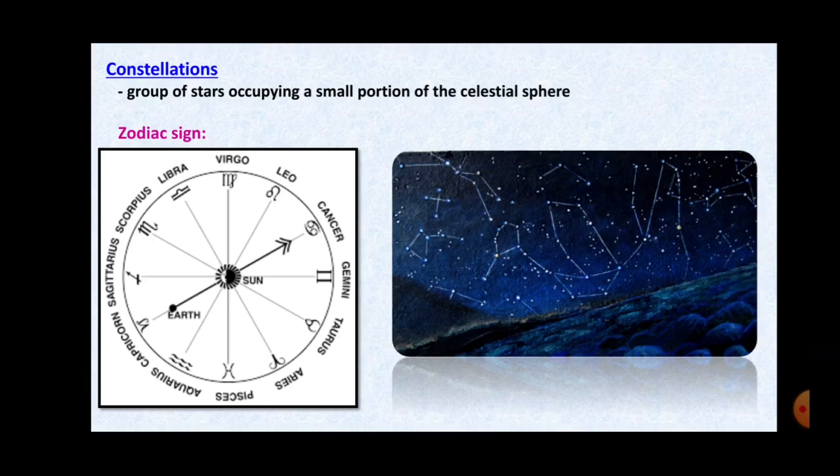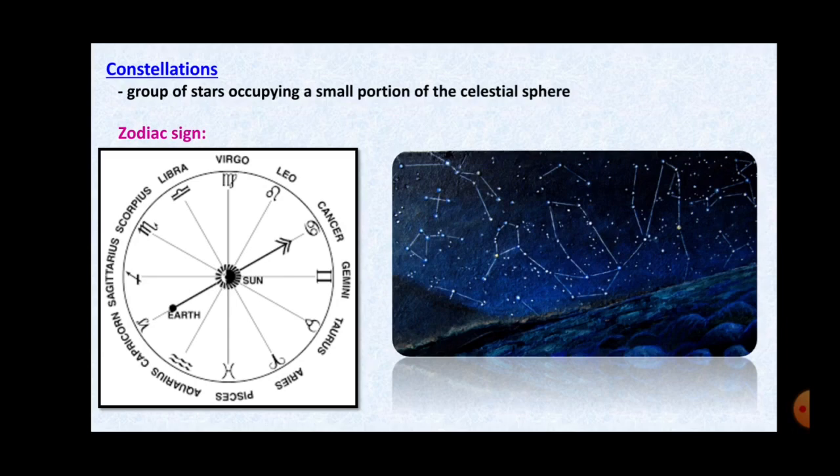Now students, in the previous slide I had explained to you about the ecliptic. The circle which describes the apparent motion of the sun around the earth is called the ecliptic. Now the ecliptic is imagined to be divided into 12 equal parts, and each part is called a Rashi or the zodiac sign.